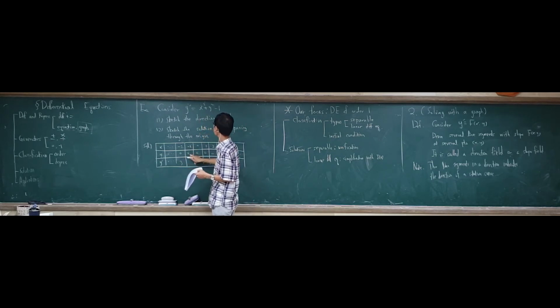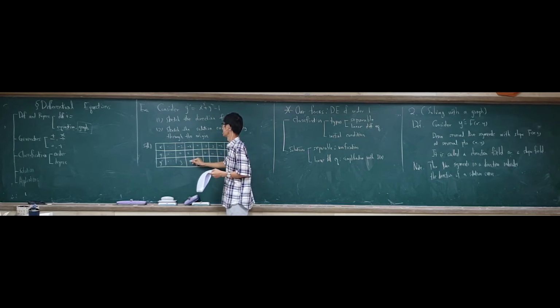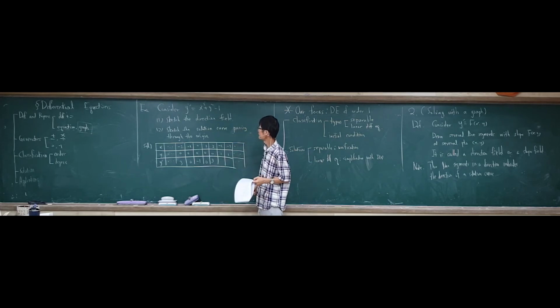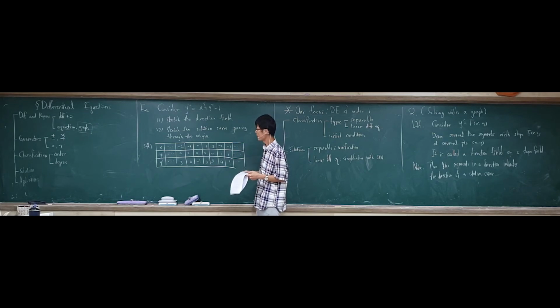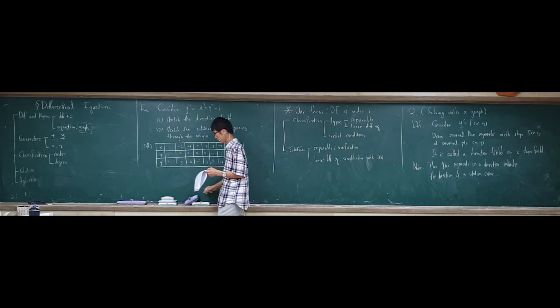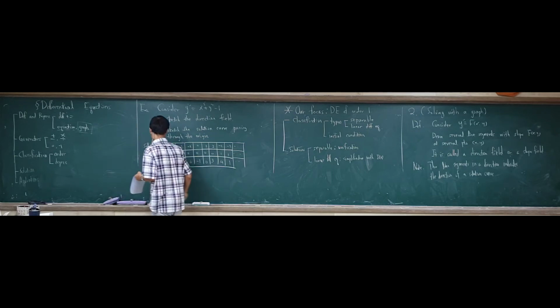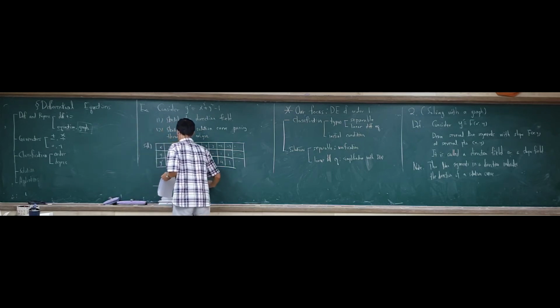And if x is minus 1 and y equals 0, then the value of y prime is 0. And in this case, y prime is minus 1. In this case, y prime is equal to 0. And in this case, y prime becomes 3. And in this case, from the equation, we can see that y prime is 4. In this case, y prime is 1, and so on. In this way, you can fill up a table like this one, and based on such a table, you can make up the direction field.